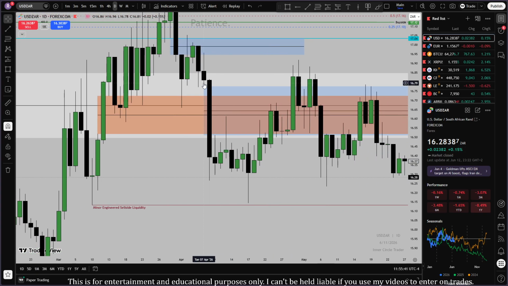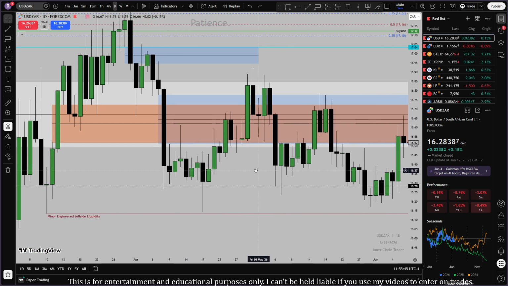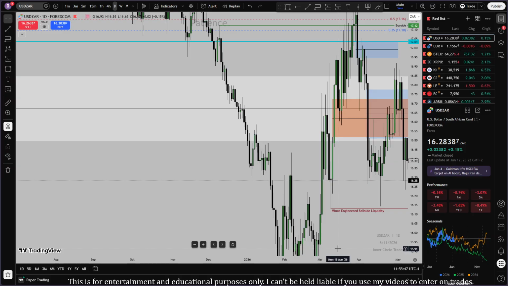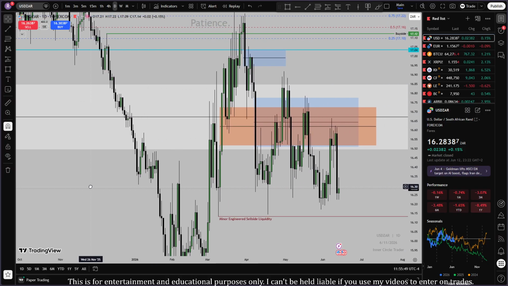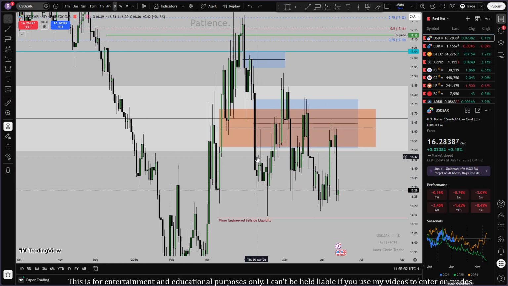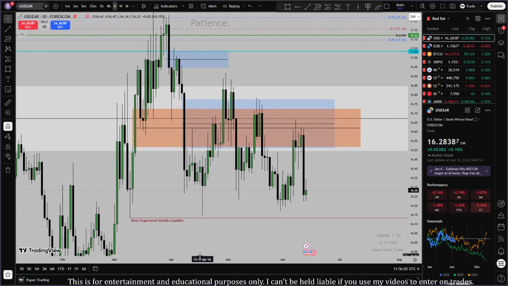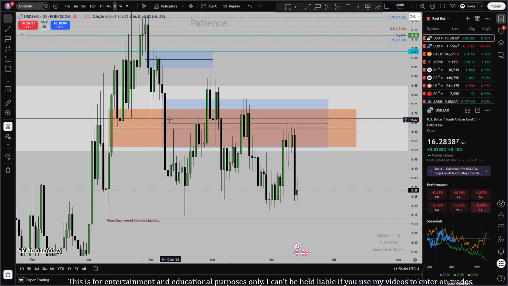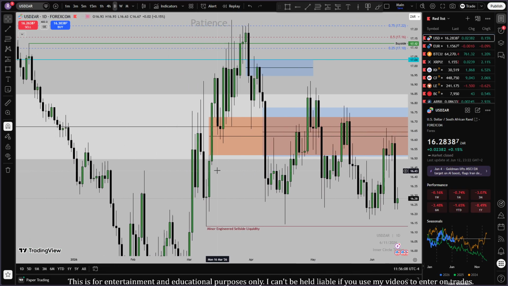Now we see this fair value gap and the older one on the left side of the curve. You pair them together. We have this inversion, the biggest fair value gap on the left side of this run up on the daily. So we have three high probability fair value gaps.